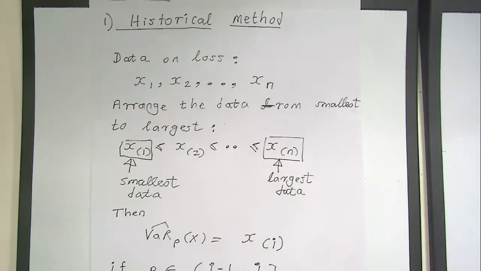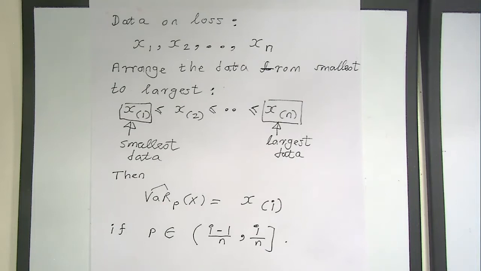The formula for computing VaR under the historical method is this one here. So you estimate VaR at P as the ith order statistic. This is the first order statistic, this is the second order statistic, this is the nth order statistic, and so on. And you estimate it as the ith order statistic if P belongs to this interval.